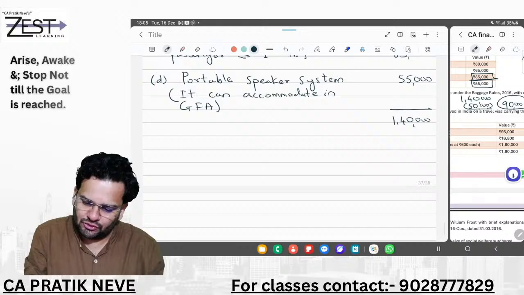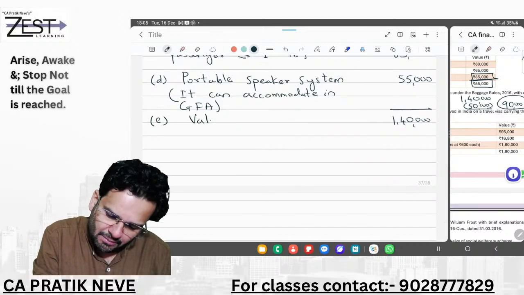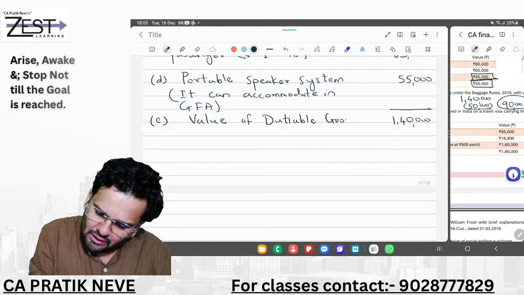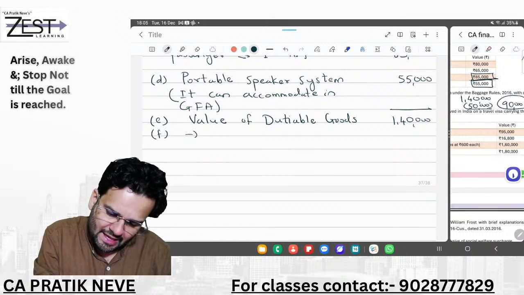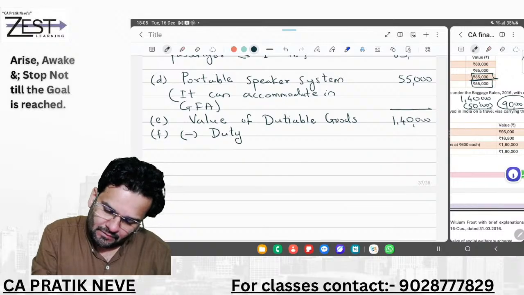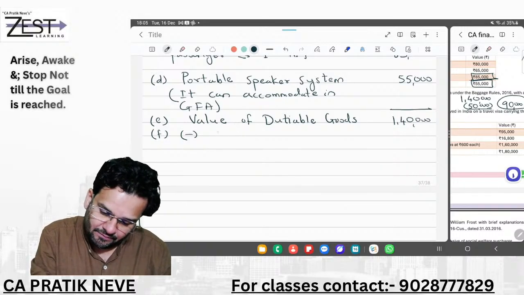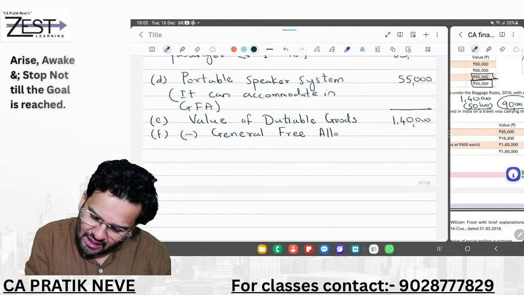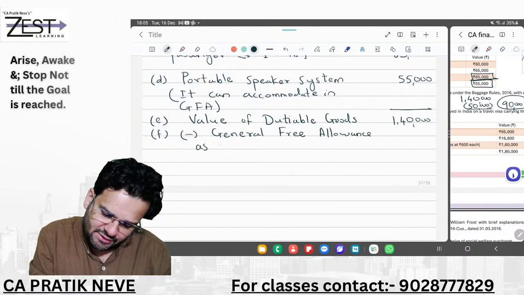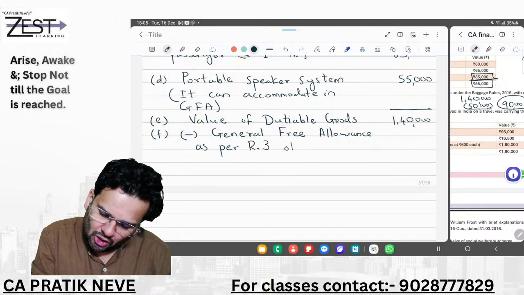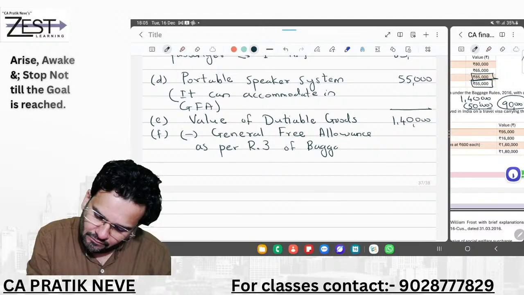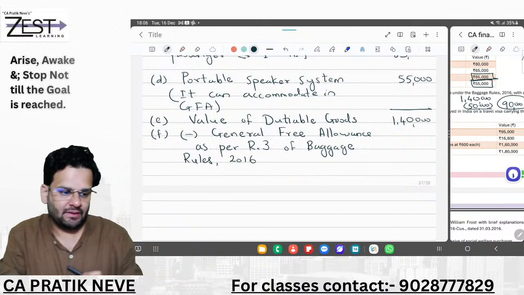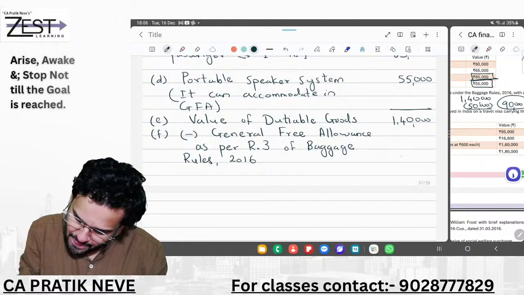So 1,40,000 is the value of dutiable goods, less general free allowance as per rule 3 of Baggage Rules 2016. So isn't it 50,000?